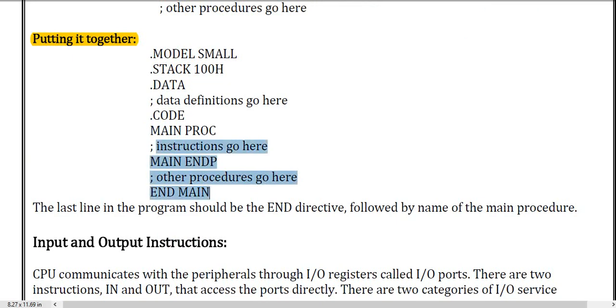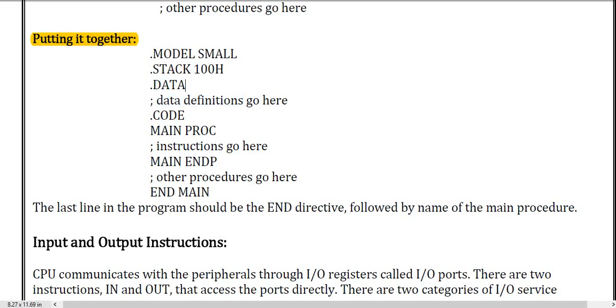After putting together all of those values, we can have this type of code. By this code, you can easily understand that the model is small. That means it does not have more than one segment in code or data. Then the stack section in this code has the value of stack as 100 hexadecimal.